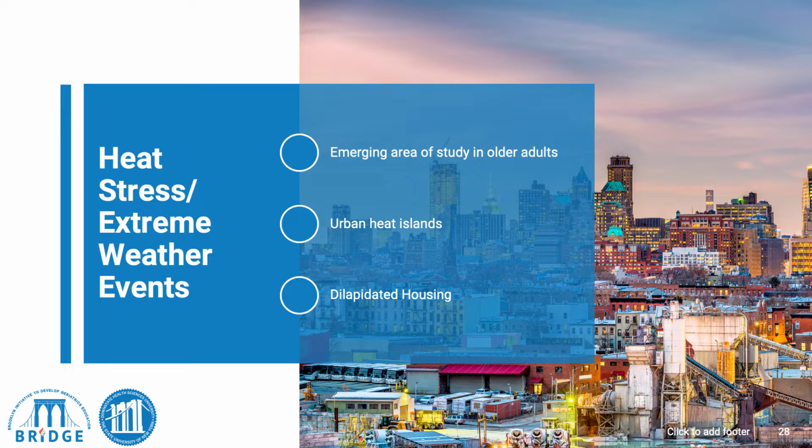Dilapidated housing is also an issue when we think about not just heat stress and insulation, but also extreme weather events and whether or not an extreme weather event like a hurricane or a tornado would affect their ability to not have a negative health outcome from an extreme weather event and whether they are protected in their housing.